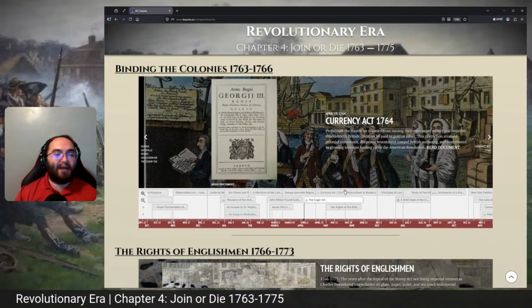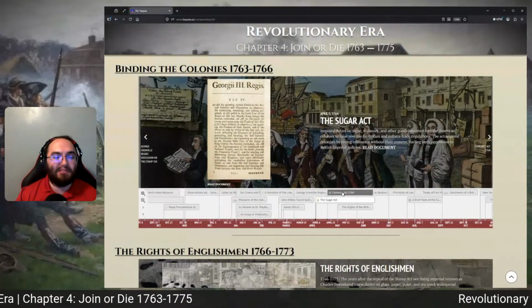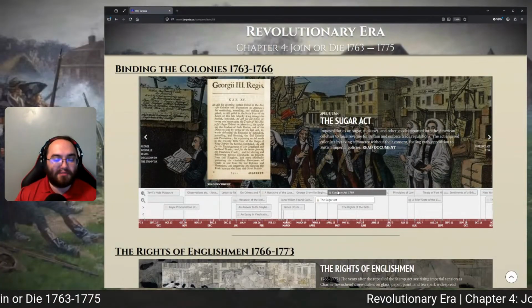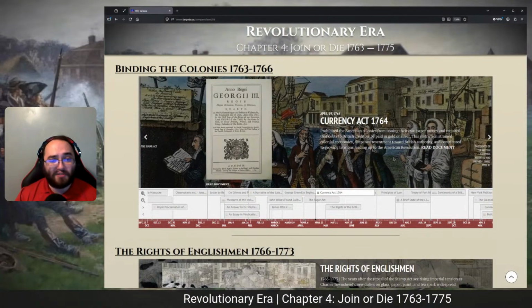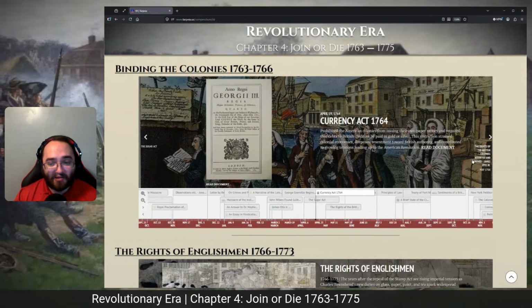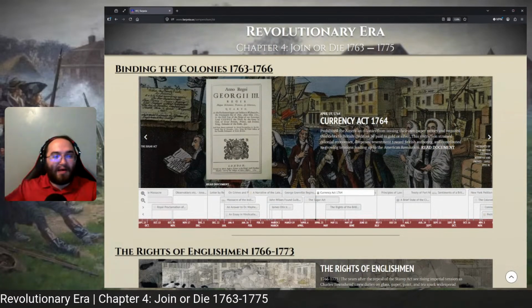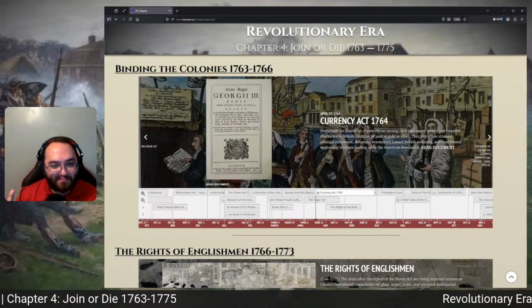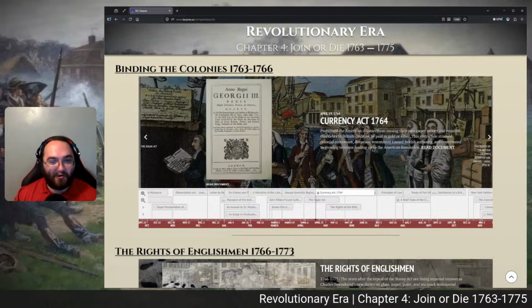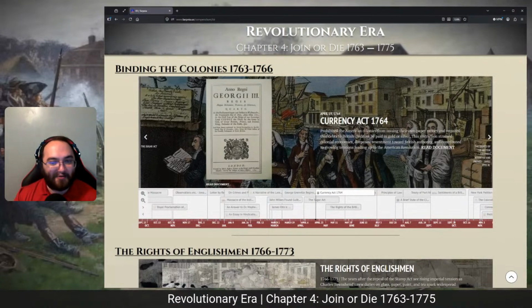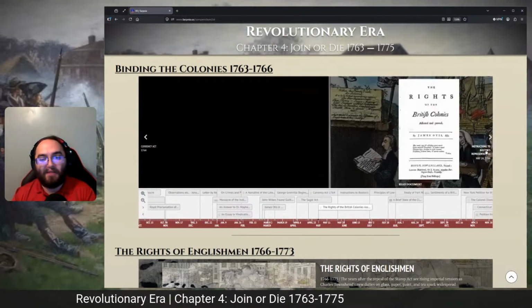So this is just terrible economic policy to begin with. The Sugar Act limiting trade and production, and now the Currency Act, which causes a financial crisis in the colonies. So right off the bat, the British are screwing up the finances and the productivity of the colonies. This does not help their case at all.